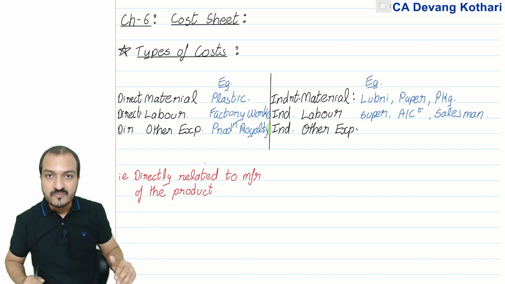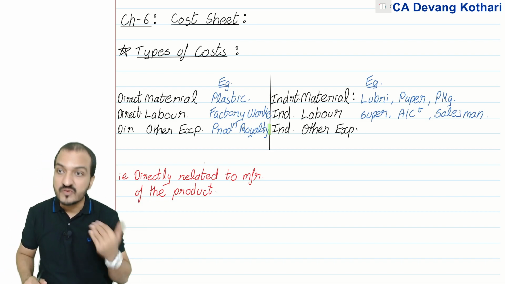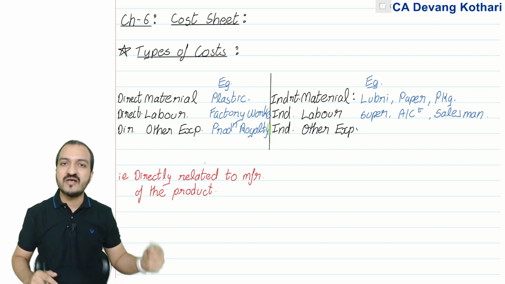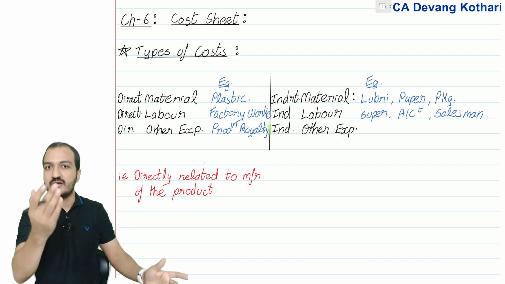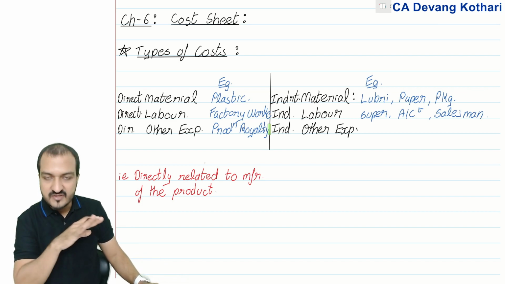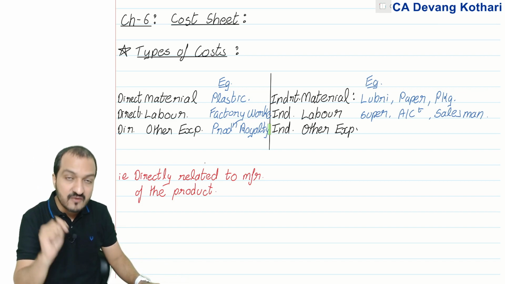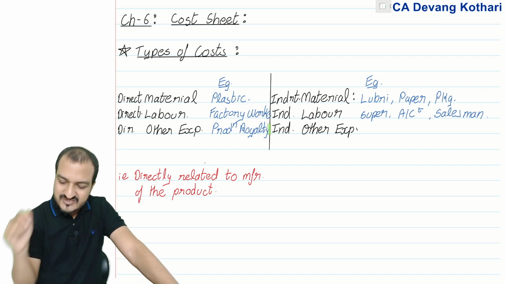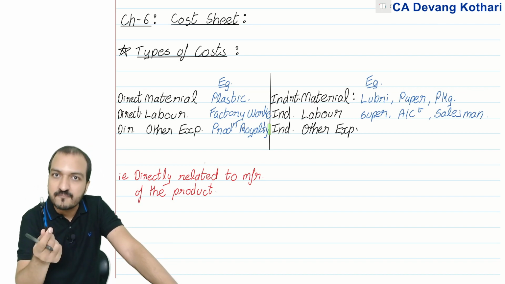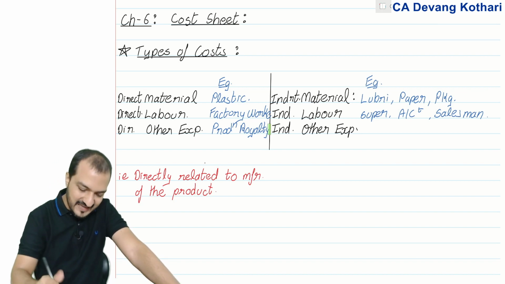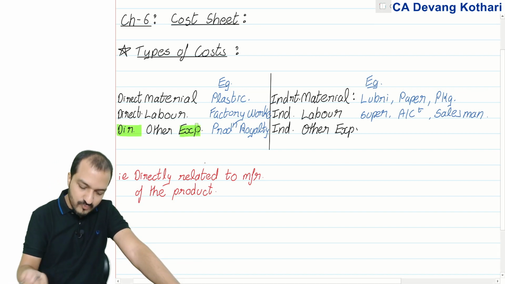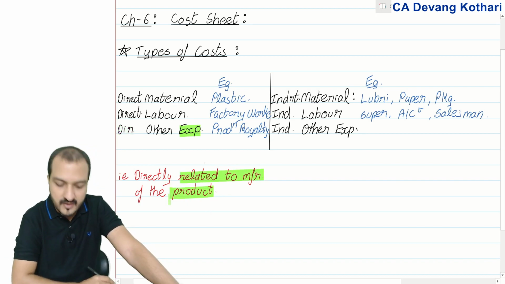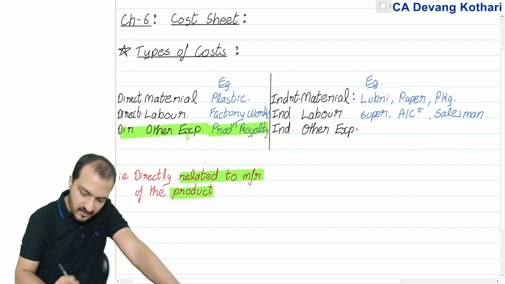If I'm using your brand name, then it is called sales royalty. I pay royalty to you based on how many units I sell under your brand name. But this is not the royalty which I pay for using your brand name. This is the royalty which I pay for using your production design. Now that is directly related to my production, directly related to manufacturing of the product, right? That can become my direct other expenses.